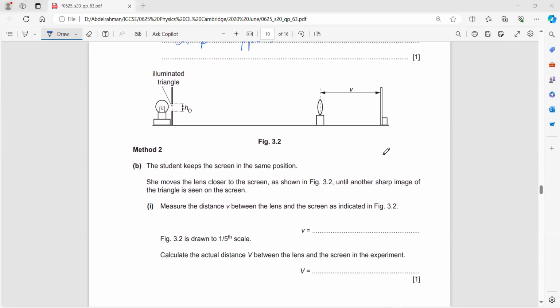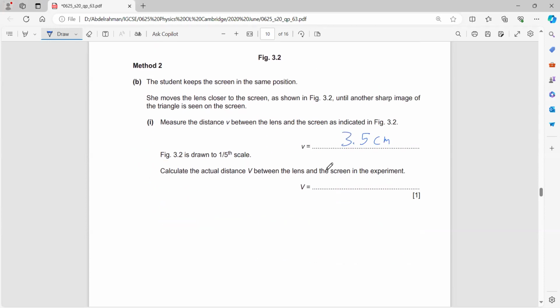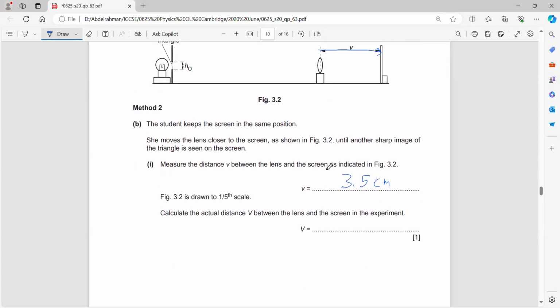Next question. The student keeps the screen in the same position until a sharp image of this triangle is seen on the screen. Measure the distance V between the lens and the screen. I can measure this distance using a ruler. This distance would be 3.5 centimeters. Again, when you measure it using your ruler, it might be 3.3 or 3.4 centimeters, but the marking scheme stated that it was 3.5.